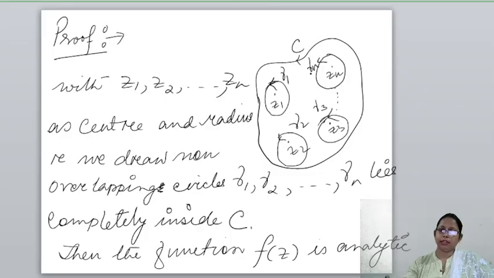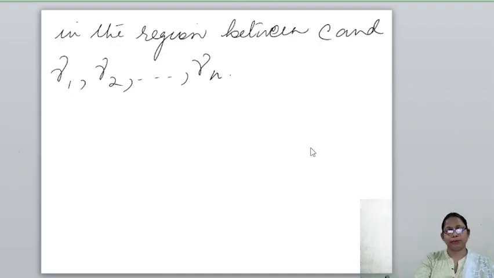That is, f(z) is analytic in this region between C and gamma 1, gamma 2, dot dot dot, gamma n.